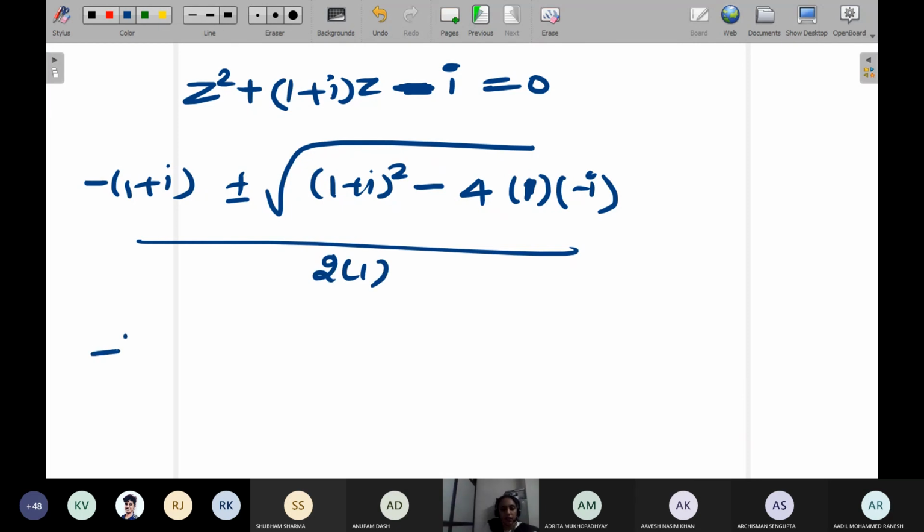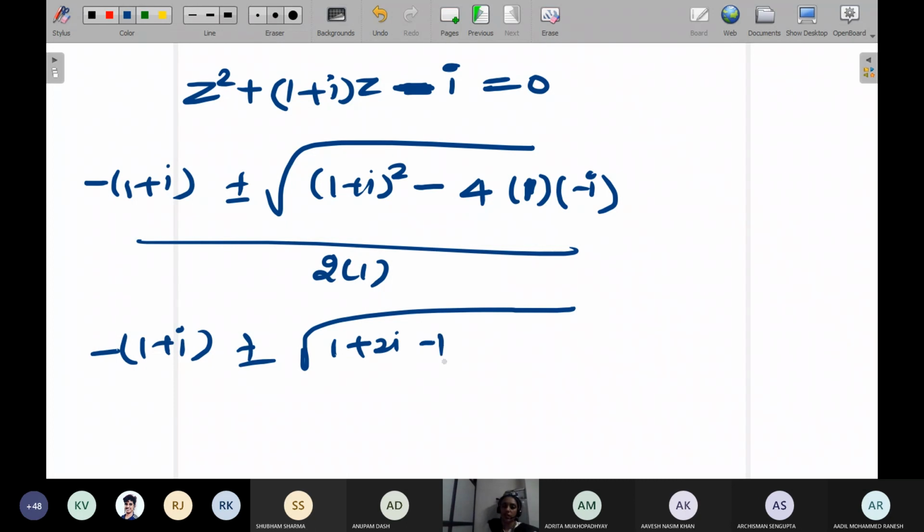This will become minus of (1 plus i) plus or minus square root of a square plus 2ab plus b square. b square will give you minus 1. Minus 2 minus plus 4i, divided by 2.